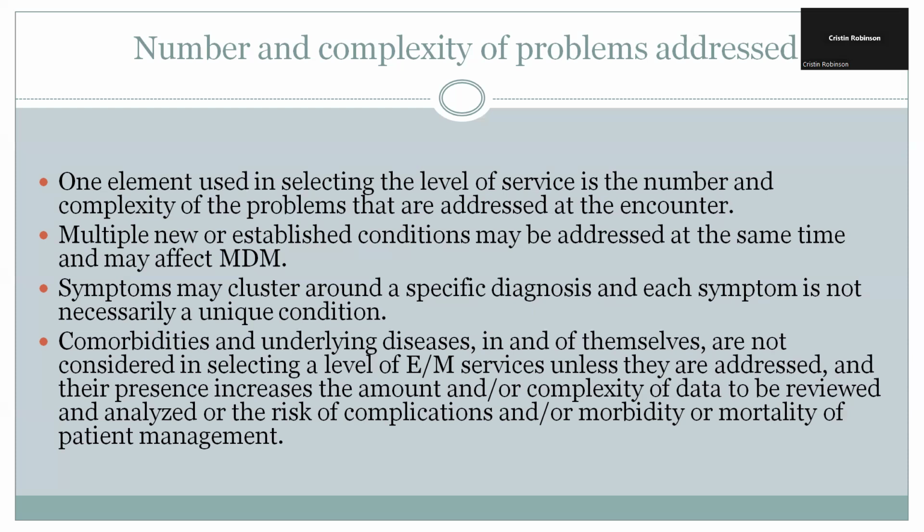So all of those other chronic conditions or other even acute conditions that patient may have, if they do not directly pertain to what that provider is seeing the patient for, whether that be the concern that they're being seen for today, or if it has effect on the condition they're being seen for today, are not counted.